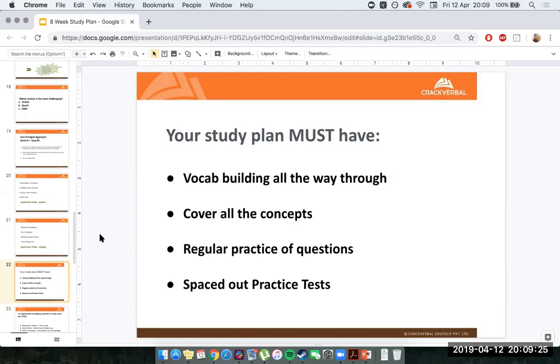You, of course, need to cover all of the concepts. So you need to know all of the base skills that you'll need in order to answer questions. You'll also need to practice questions regularly. Like we saw, there's the generic, there's also the specific. You also do need to try out questions so that you know whether you're answering them correctly or not.